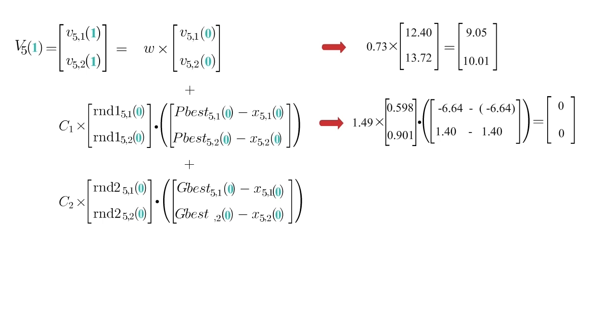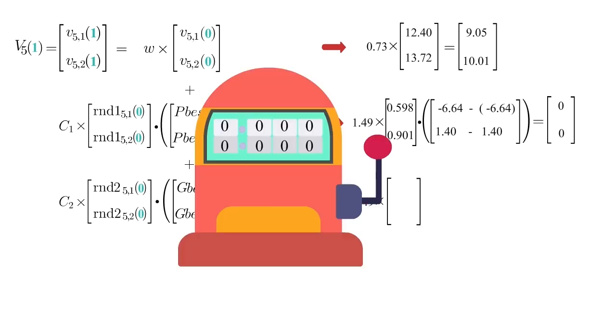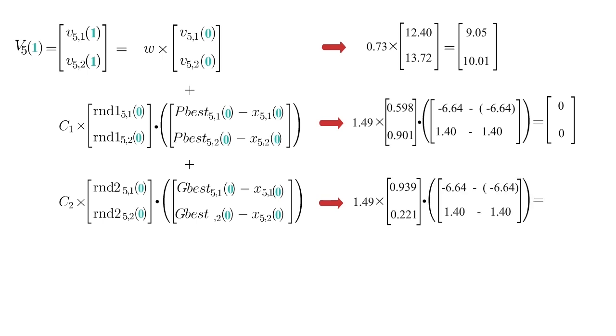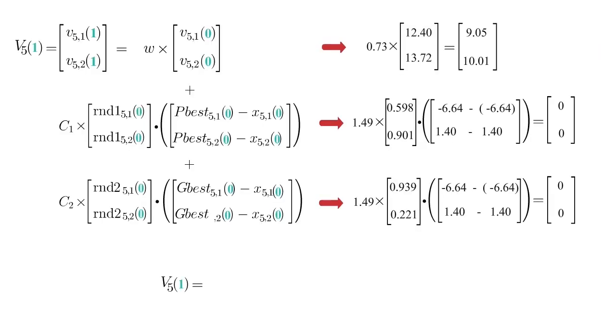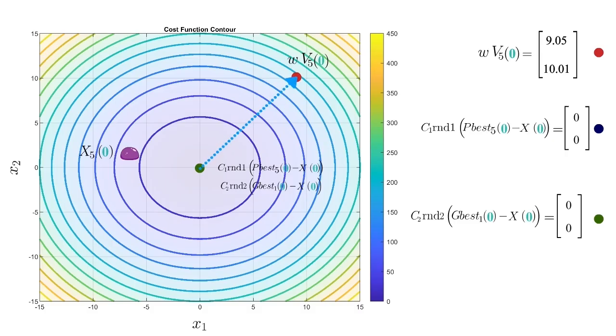The final part, which includes the social component, is a randomly scaled vector aligned with the difference between the global best position and the current position. Since the global best in the previous time pertained to the fifth particle, its social component value also becomes 0. Now, we will combine these three components to obtain the new velocity value.